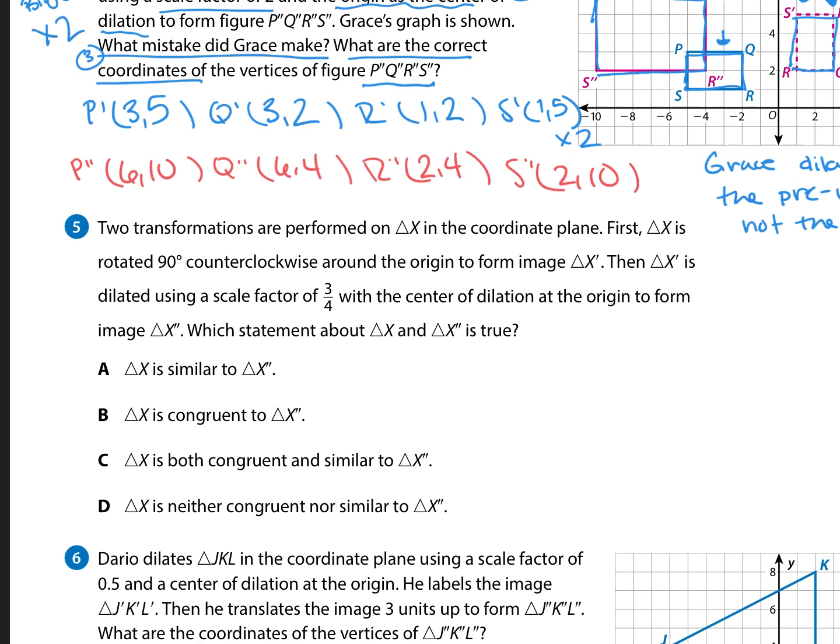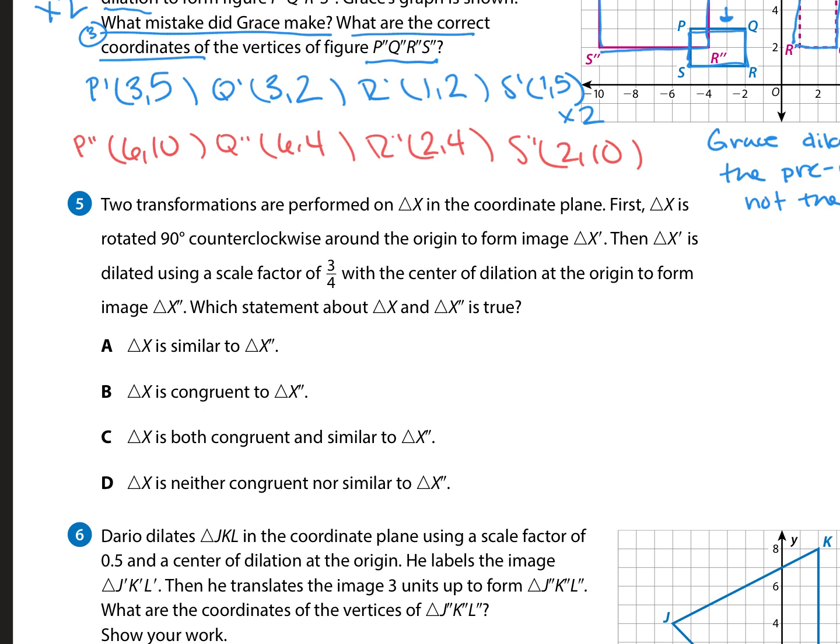Next question, we have 2 transformations done on triangle X. First, it's rotated counterclockwise around the origin. Then it's dilated using a scale factor of 3/4, which makes it smaller. I am multiplying by 0.75. Now, after a rotation, so after the first transformation, the shapes are still congruent, because remember, rigid transformations only change the orientation and location.